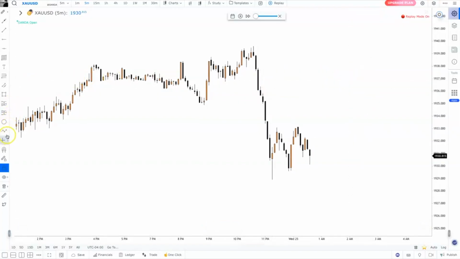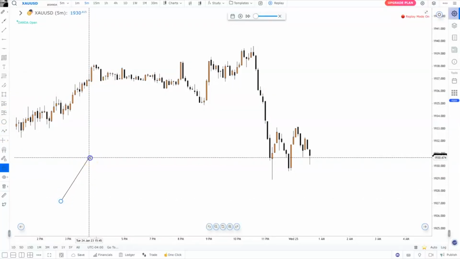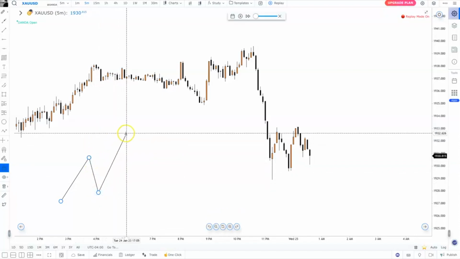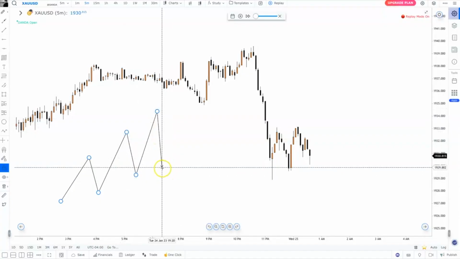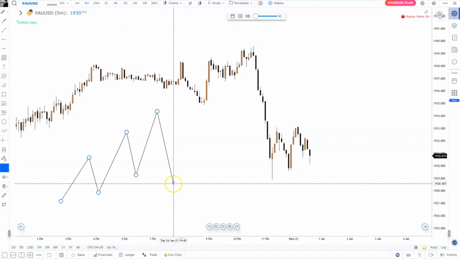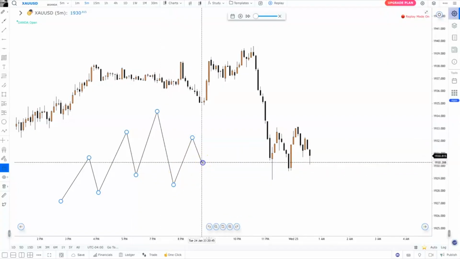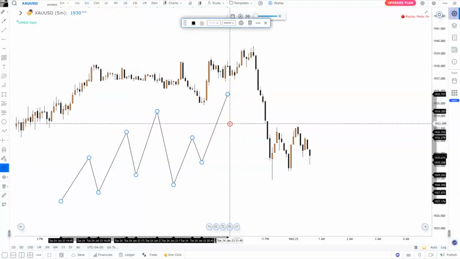In the previous video I was explaining fake change of character. For example, if the market is pushing up, we have an impulse and a correction, impulse, correction, impulse. Sometimes a big movement to the downside happens right here, apparently creating a change of character, but it ends up that the market continues going bullish.